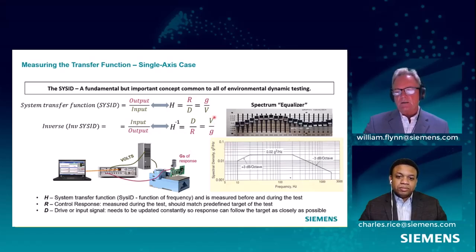So you don't want to be too high, but you want to make sure that you maintain a voltage output that maintains this response spectrum of your control signals. And it's kind of like an audio spectrum, an equalizer, what we call it. So the controller has the job of adjusting these dials up and down to maintain a certain reference spectrum, and it does that in closed loop fashion automatically.